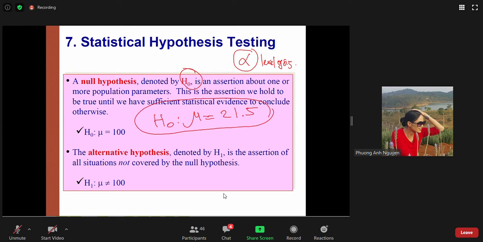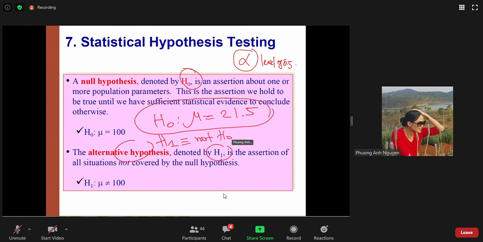If you don't agree with me, you want to find a way to prove that I'm wrong, and by doing this we actually test a hypothesis. So that is H0, the null hypothesis. The alternative hypothesis, denoted by H1, is simply not H0, the negation of H0.